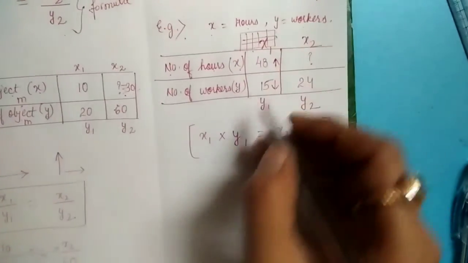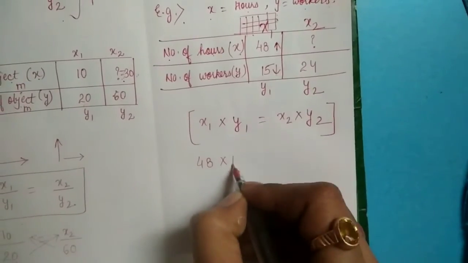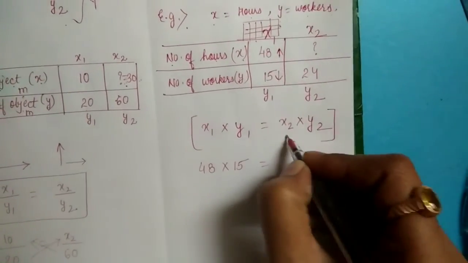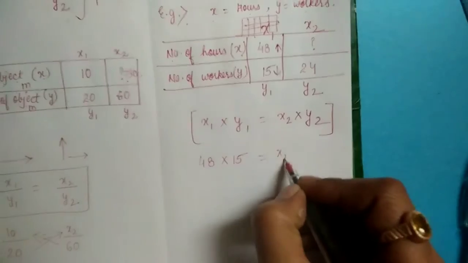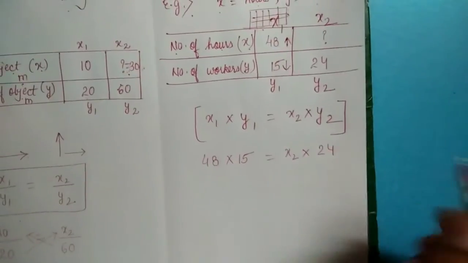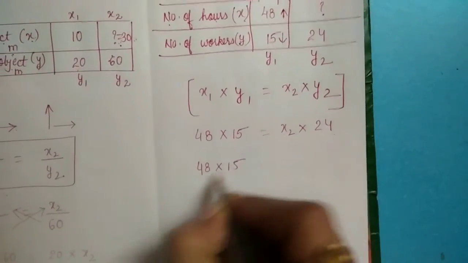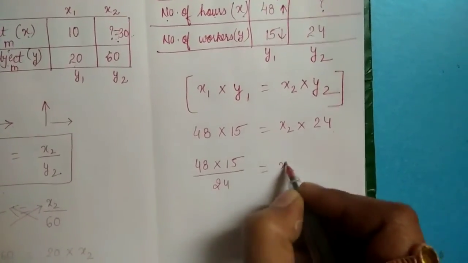The value of x1 is 48 and the value of y1 is 15. x2 we have to find, and the y2 value is 24. Here 24 is in multiplication, so on the opposite side it comes in division.